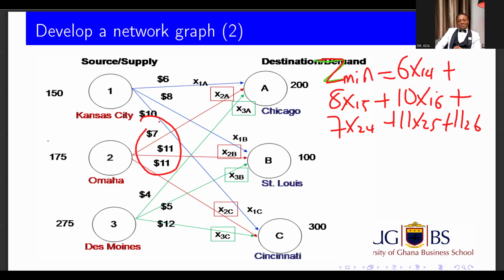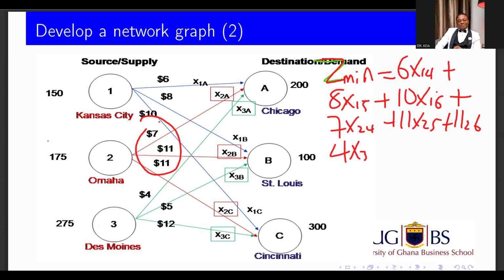Okay, so let me continue. The next one is plus 4x31. Nobody should help him. Let him do it, because those of you who are helping him are getting it wrong yourselves. 4x31 plus 5x32. That's wrong.